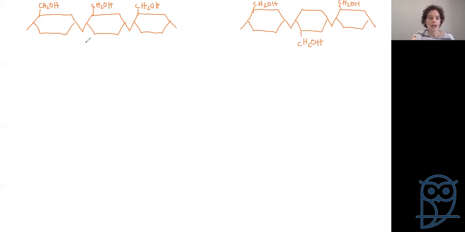So on the left, we have an alpha glucose polysaccharide, and on the right, we have a beta glucose polysaccharide.